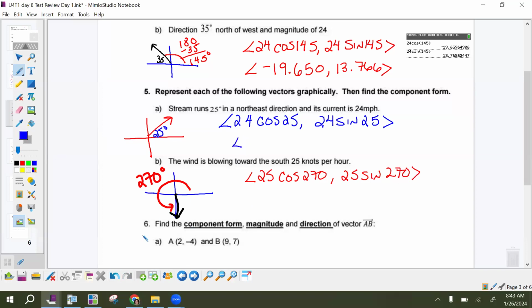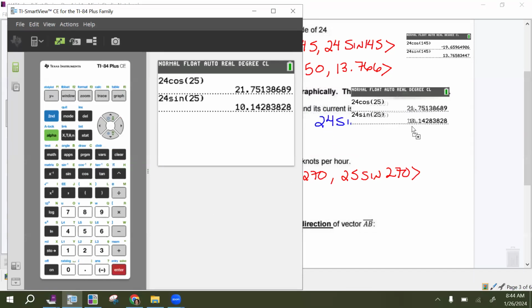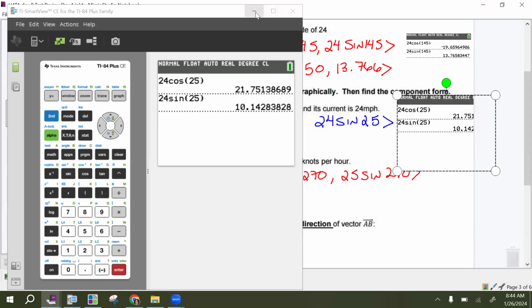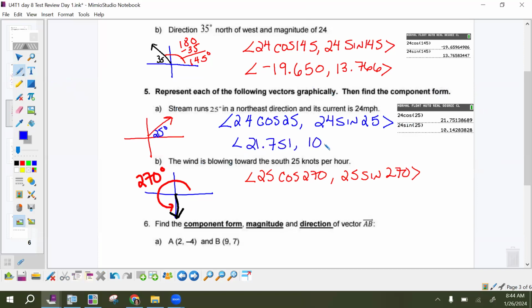All right, so for this problem, 21.751 and 10.143. For B, actually, I'm not going to use my calculator.